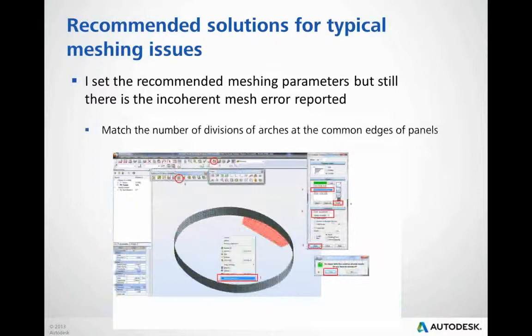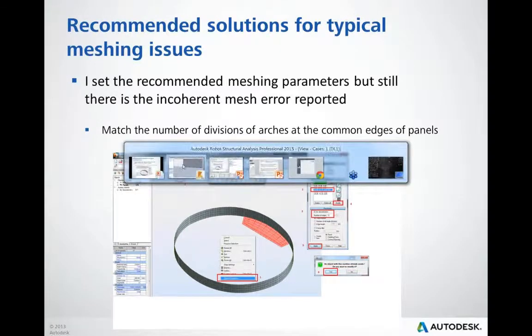Okay. The most likely cause for incoherent meshes along arches is that they were defined in different ways. They should have the same center as well as origin and endpoints, and they should have the same number of divisions. Let me explain what it means on the next example.